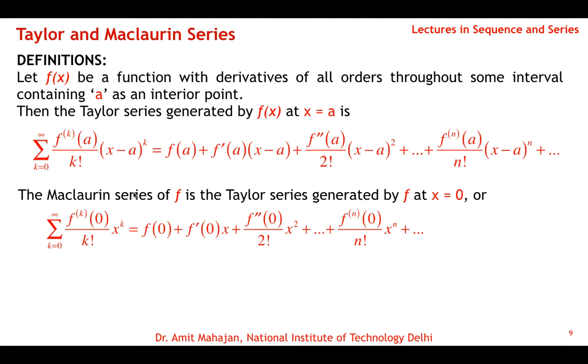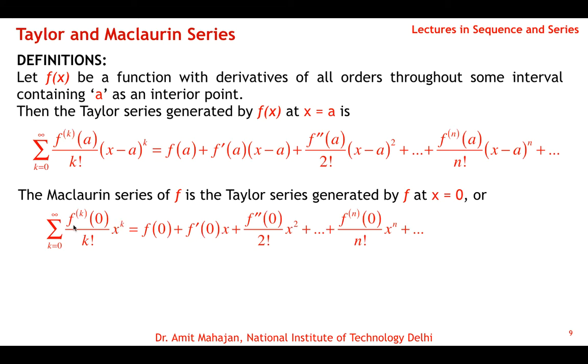Okay, so the Maclaurin series of a function is the Taylor series generated by this function about the origin, about x equals 0. So it is an infinite series with the function's kth derivative at 0 over k factorial times (x minus 0) to the power k, so simply x to the power k. That means we are going to get a series in powers of x.